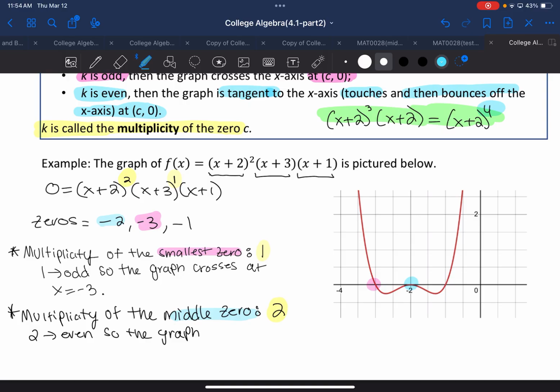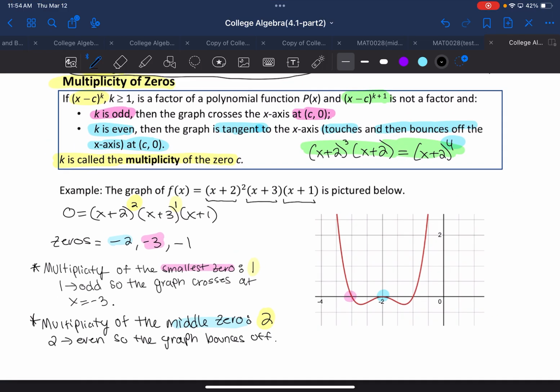It's just going up and it's touching the x-axis at -2, and then it's going back in the direction it came from. Bounces off, touches and bounces off, however you want to say it. I don't know why bounces helps me remember. Even bounces. Odd crosses. Whatever helps you remember.